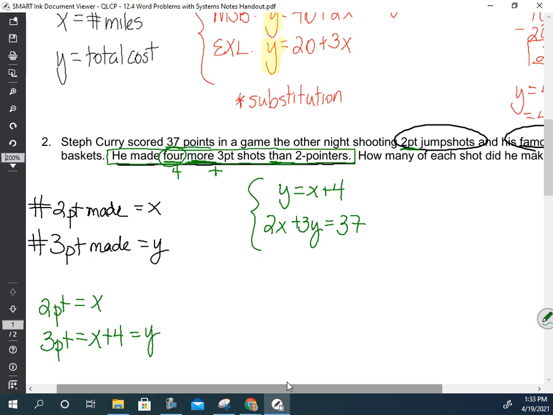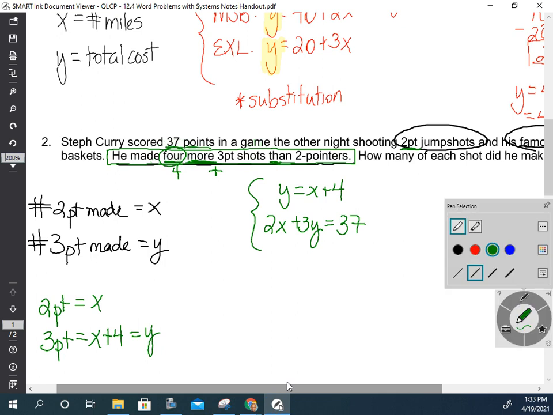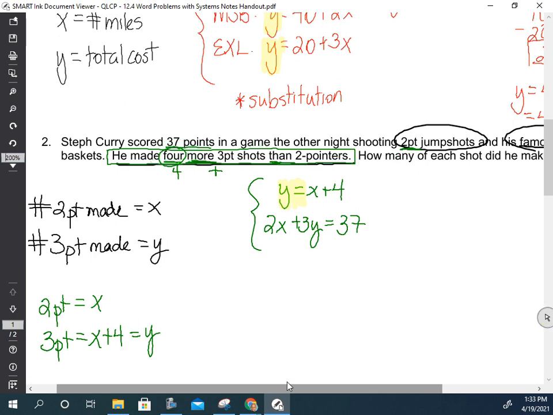So now we have our problem. We have to think to ourselves, am I going to do substitution or elimination? Notice that you have y equals something. Y equals something makes it very, very easy to decide what to do.